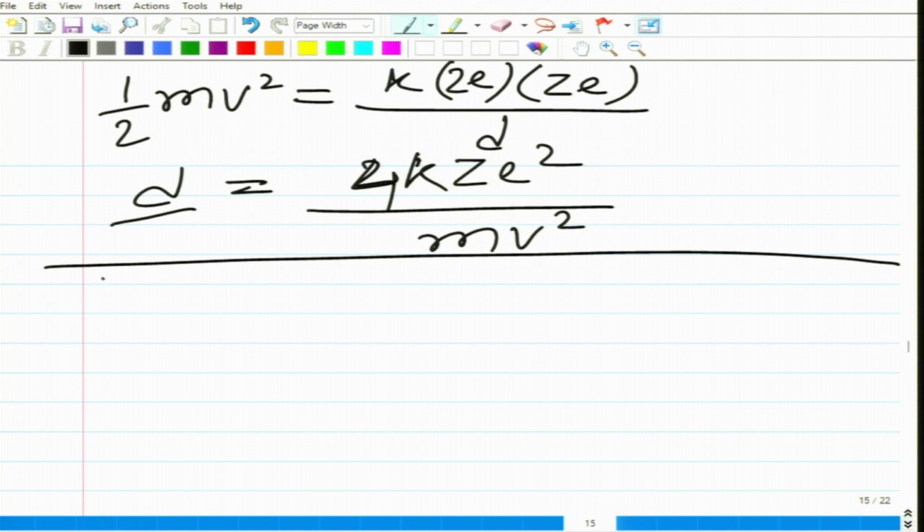Now, we will finally go to Rutherford's nuclear model. What were the statements?